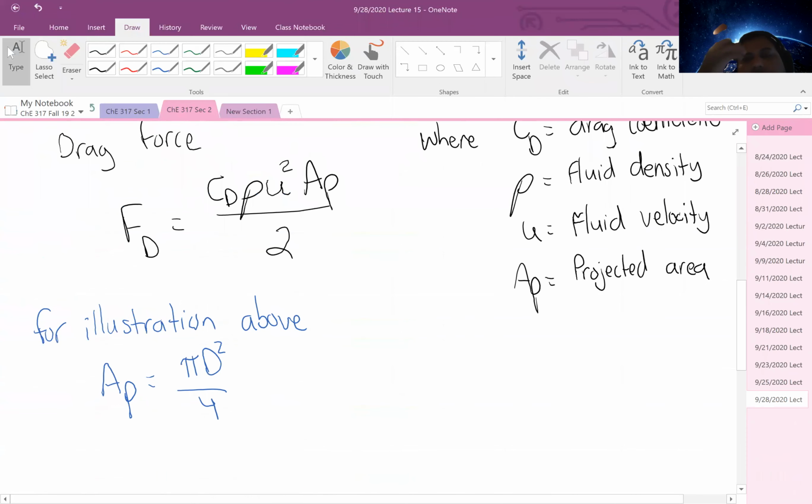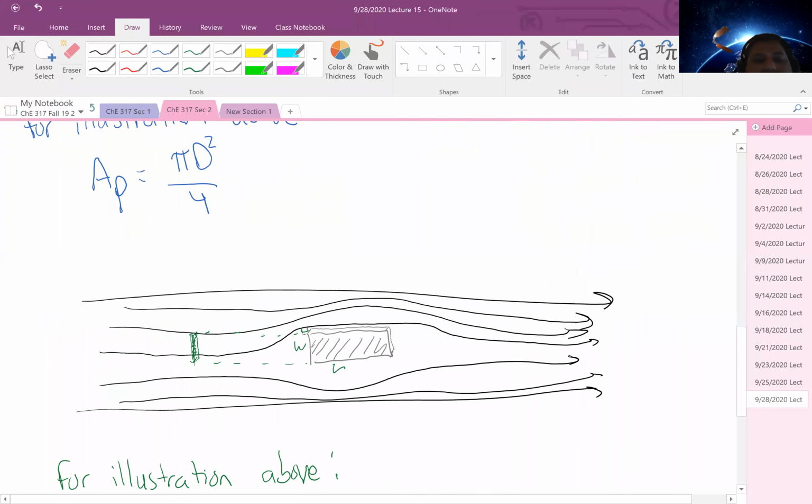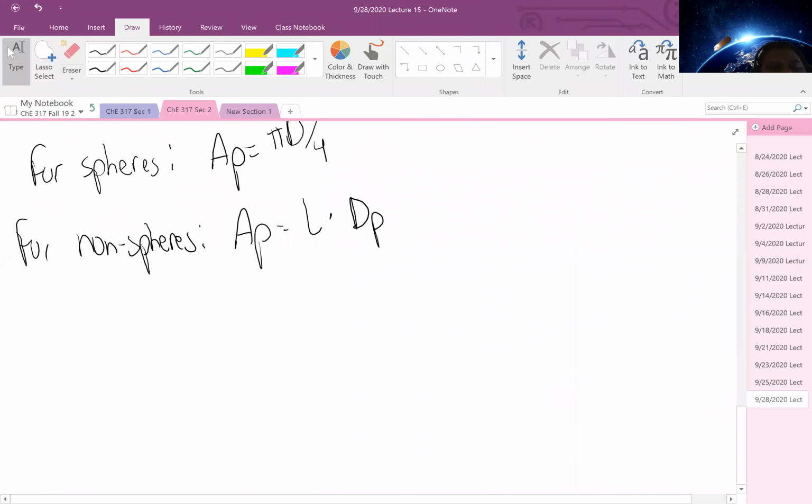So, more often than not, when we're looking at drag force, we can easily identify fluid density, fluid velocity, and if we know the type of object in our flow field, we can identify the projected area. The issue or the point of contention often comes when trying to determine our drag coefficient.